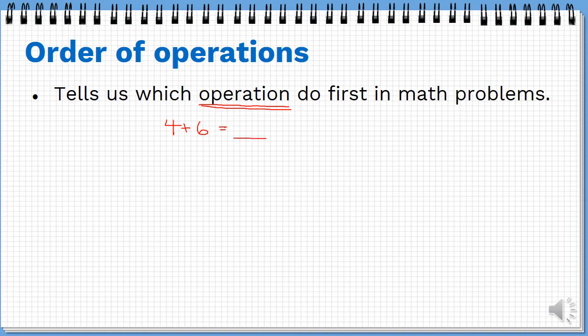The operation here would be the addition. So the operations are addition, subtraction, multiplication, and division. So order of operations is saying when you have a math problem that has more than one of these in the math problem, which one do you do first?